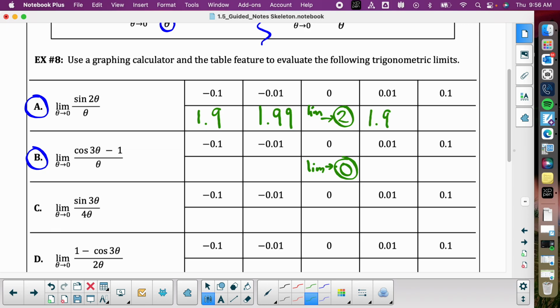Now, the sine one kind of makes sense, that it's going up and then coming back down, because that's often what sine and cosine look like. Now, the cosine 3 theta minus 1, I'm not really sure if that's going to go up and then back down, or if it's going to go up and up again. My guess is cosine would go up and then keep going up, but we'll see.